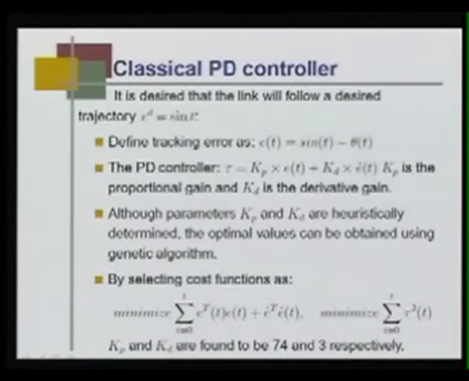Although parameters Kp and Kd are heuristically determined, the optimal values can be obtained using a genetic algorithm. So, for this purpose, what we did is a multi-objective function.